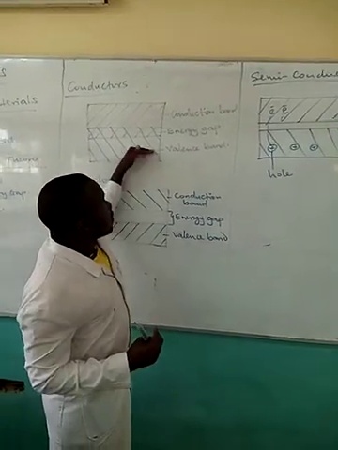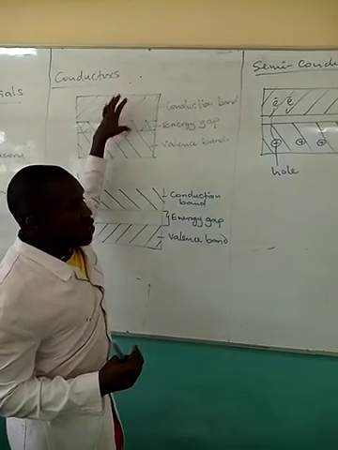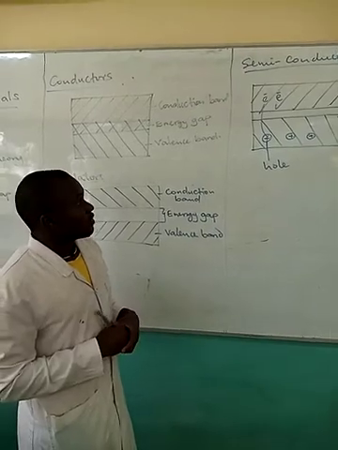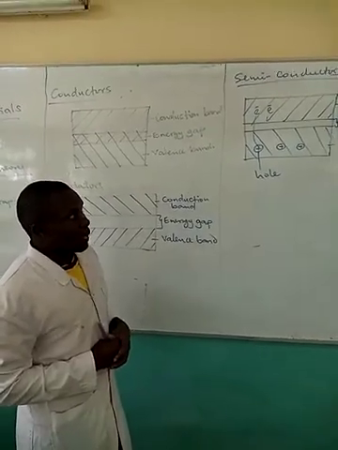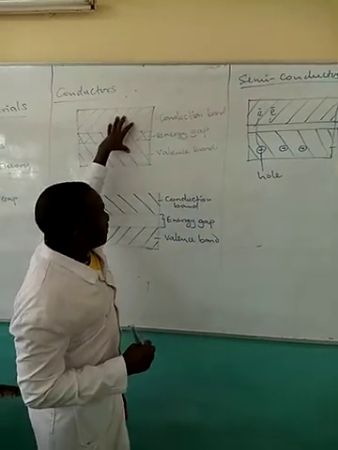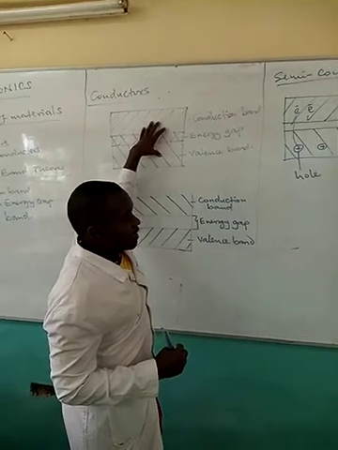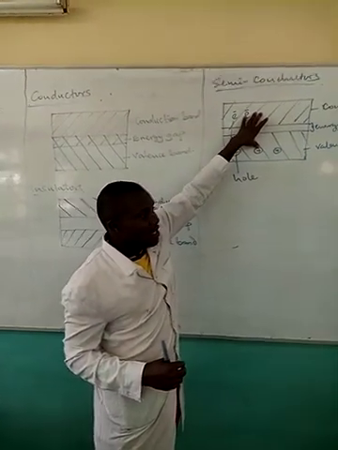Therefore, an increase in temperature in conductors will normally lead to increased resistance and therefore reduces the electrical conductivity of such a material. So we are seeing temperature affects the conductivity here. Increasing temperature lowers the conductivity in conductors, but in semiconductors, an increase in temperature increases the conductivity.